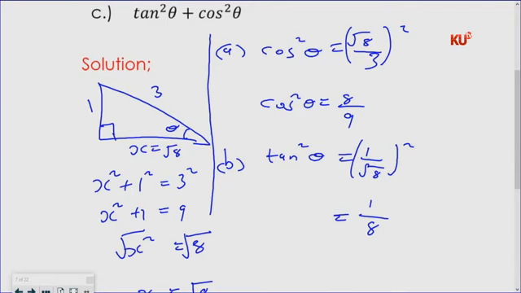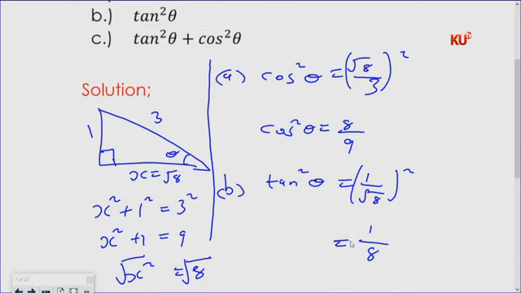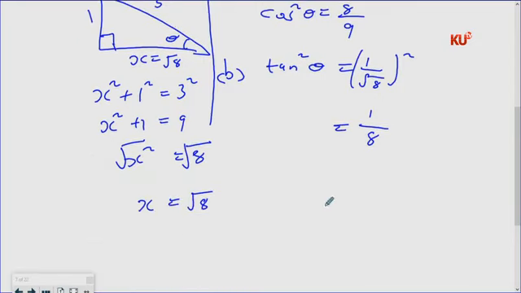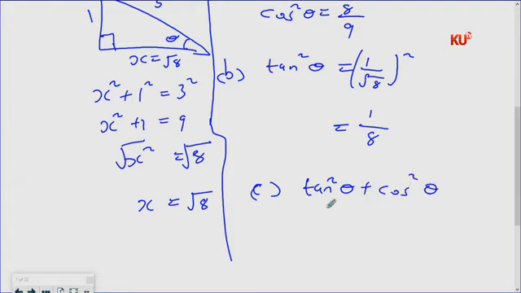Very simple indeed. Then part C, you are asked to get tan squared theta plus cos squared theta.